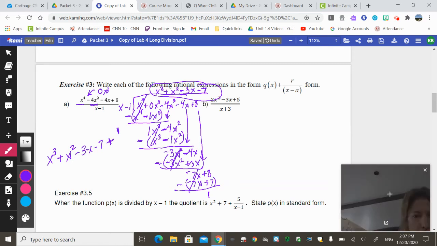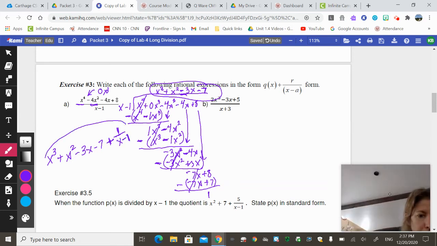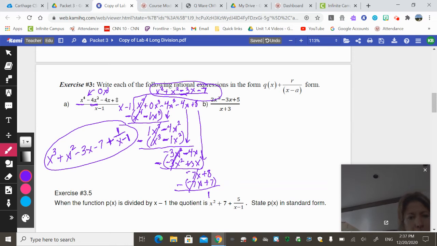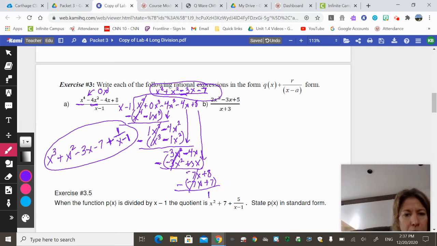And it's 1 over, the remainder is always going to be over your divisor, which is x minus 1. So this is my answer, and I would say that x minus 1 is not a factor of the dividend, x to the fourth minus 4x squared minus 4x plus 8, because there is a remainder and it does not go in evenly.